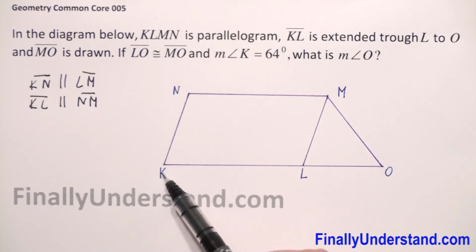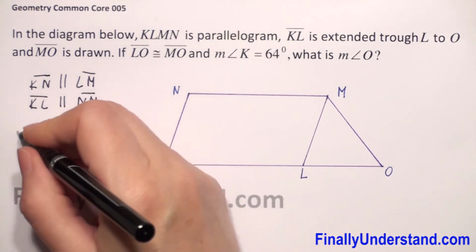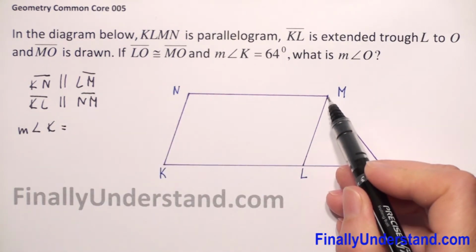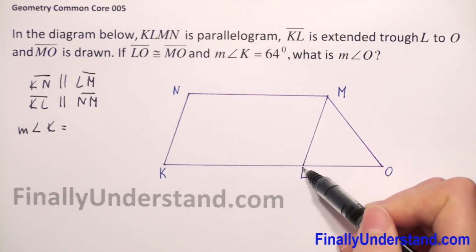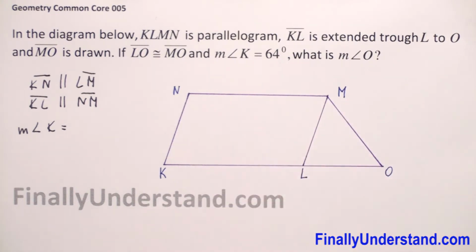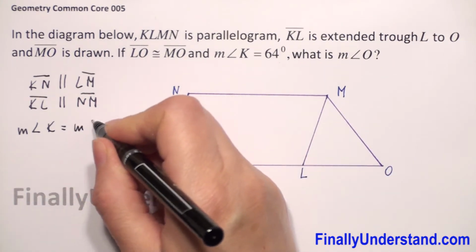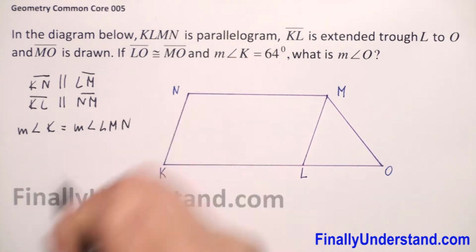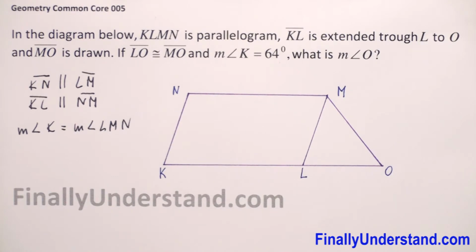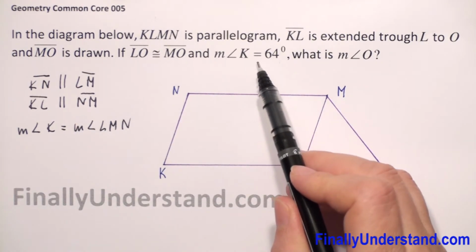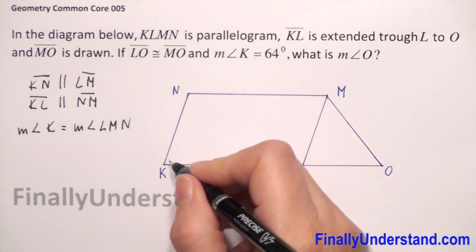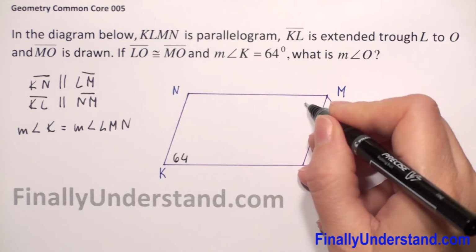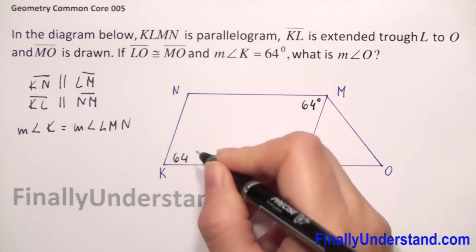And of course the measure of angle K is the same as the measure of angle M. So we can write the measure of angle LMN. Because we are given that the measure of angle K is 64, the measure of angle LMN is also 64 degrees.